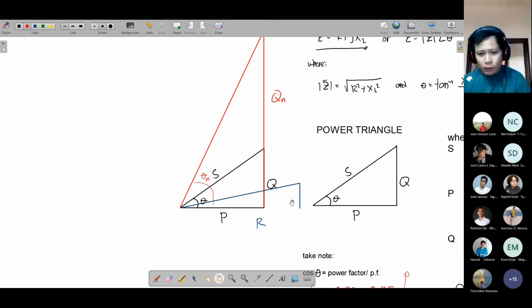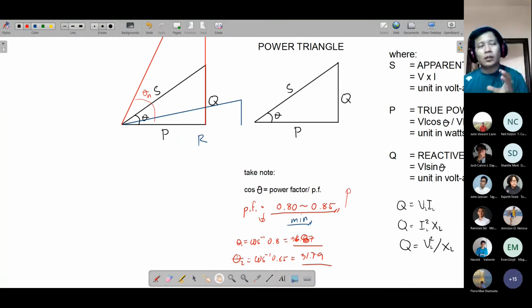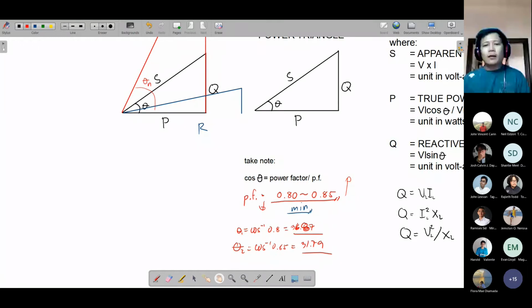One of the most common things nga buhaton sa mga utility companies kay butangan ka og penalty sa imuhang payment, equivalent nga fraction of penalty sa imuhang payment.